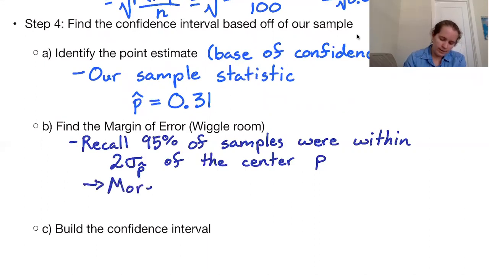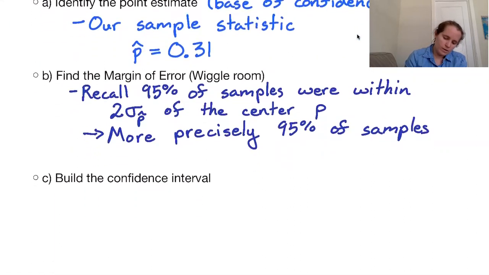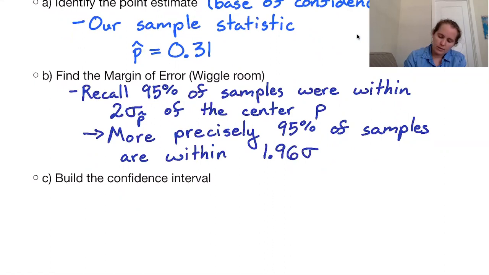So more precisely, 95% of samples are within 1.96 copies of sigma sub p hat.